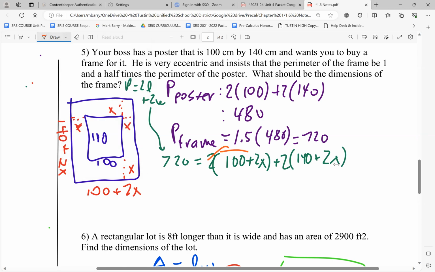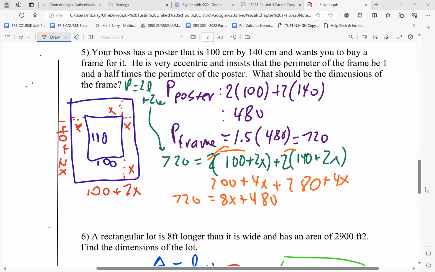All right, so I'm going to go ahead and distribute in there. So this gives me 200 plus 4X plus 280 plus 4X. Combining like terms there gives me 8X plus 480 equals 720. Okay, and now we minus 480 from each side.